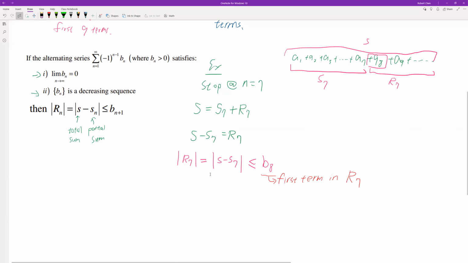The remainder of the 7th term, meaning adding B8 up to infinity, is going to be less than or equal to B8, the first term in R7, because it's an alternating series. The later terms are smaller, which is not going to affect the first term that much. So the first term in R7 will have the largest absolute value, and everything after that, when we add it together, is going to be less than or equal to that.